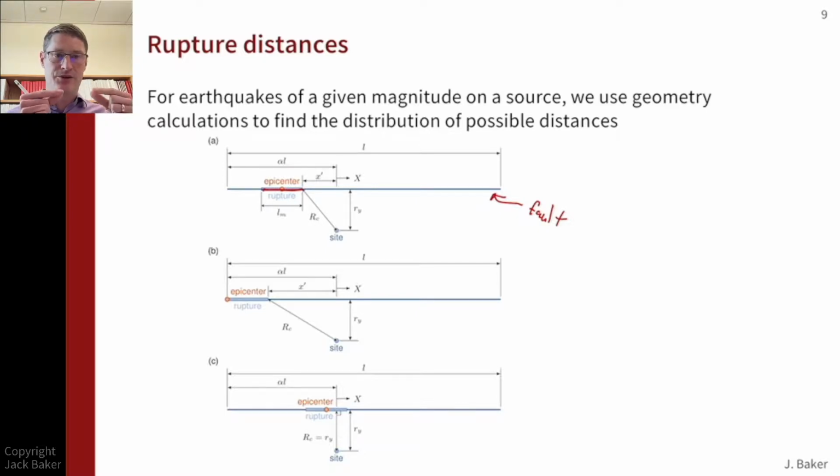So for an earthquake of a given magnitude, we related the magnitude to a rupture area, remember, so that can also be related to a rupture length and then a depth. So we've got a rupture here that happens over part of the fault, and then we're going to be interested in the distance from that rupture to our site, and our primary metric is usually the closest distance from some point on that rupture to the site. And so we're going to measure that distance and say, for a rupture in this location, here's our distance.